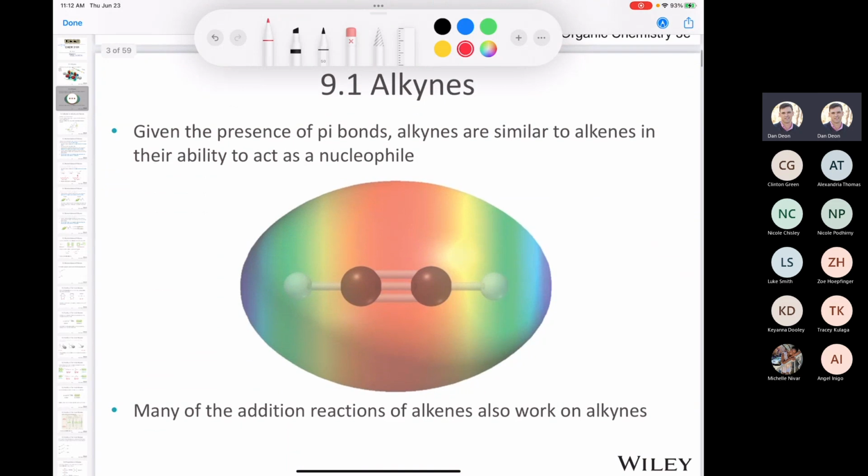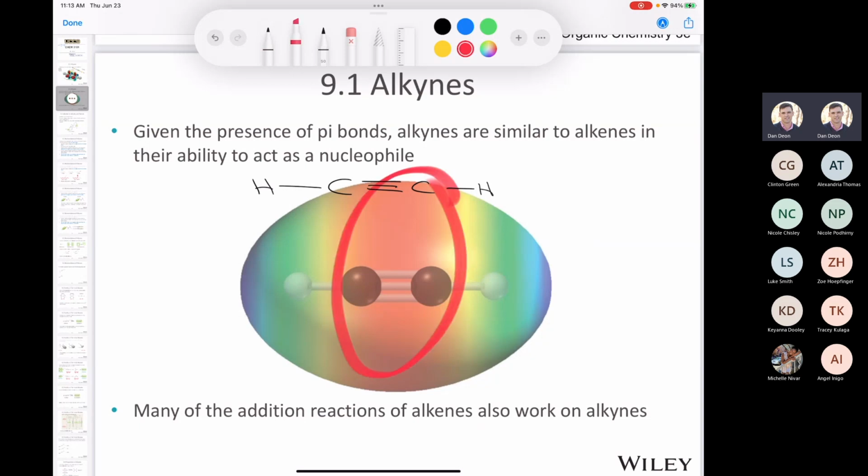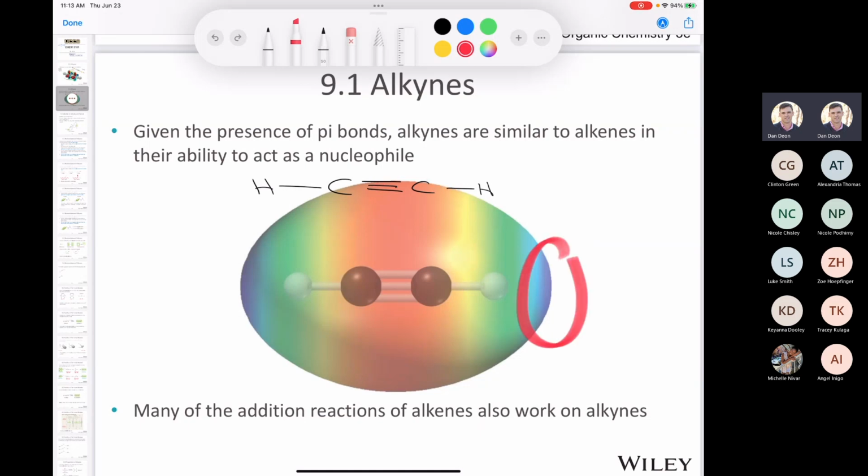And if you look at the electrostatic potential map of an alkyne, it's shown here. And again, this is just acetylene. So what we have here is the electrostatic potential map of this molecule, the simplest possible alkyne. And we know from previous electrostatic potential maps that when we have a region that's shaded in orangey red here, that represents an area of high electron density, whereas the blue regions represent areas of low electron density.